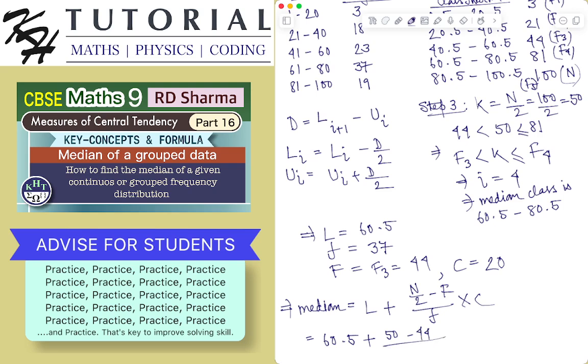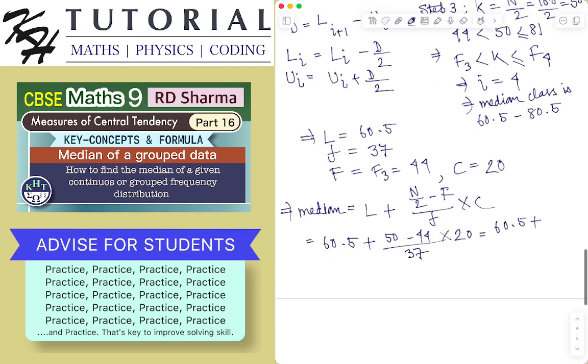Small f is 37, multiplied by C is 20. This is 60.5 plus 50 minus 44 is 6. So 120 by 37.